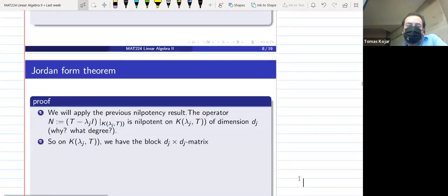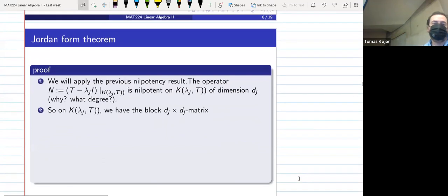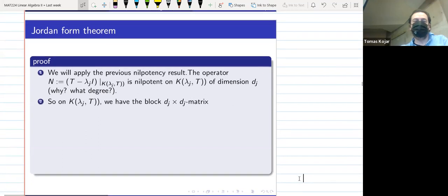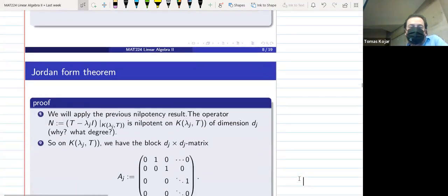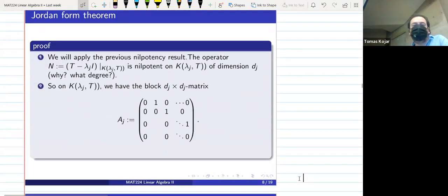All right. Let's do it. We have this block, so it's nilpotent, and this is the matrix. This is the previous result where we proved that. Let me do it carefully here.